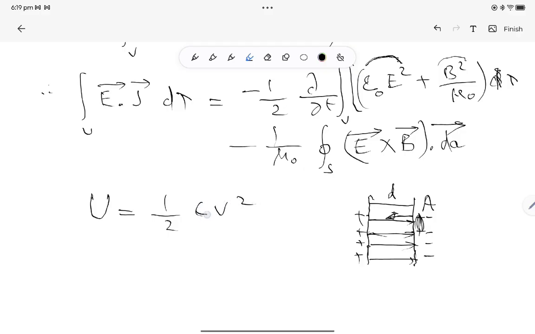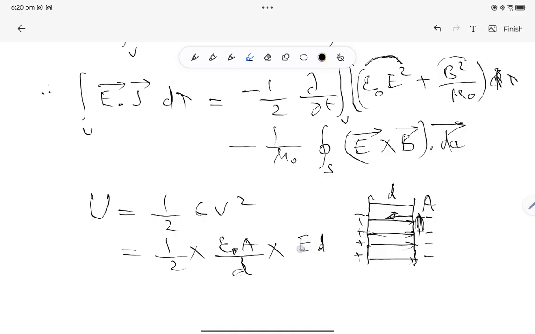This is the expression for energy stored in a capacitor, 1 by 2 C V square. The capacitance of a parallel plate capacitor is epsilon naught A by D, and the potential difference between these two plates is equal to work done per unit charge. Work done per unit charge is E into D. How? Work is equal to force into displacement.